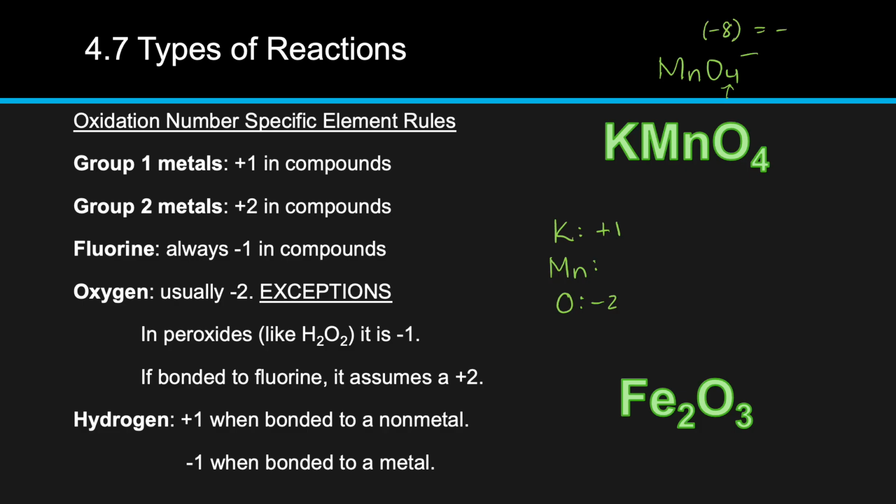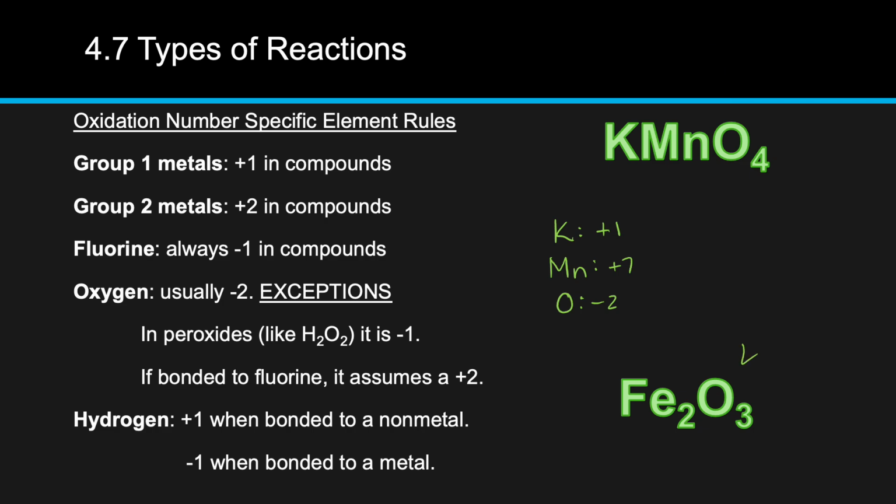And we know the overall charge has to equal -1. So if I add that with X being manganese and I bring that to the other side, that means X has to be equal to +7. So you can do it either way. They both work and they both make sense logically with chemistry. Whichever way works better in your head, do it that way, as long as you get the right answer.